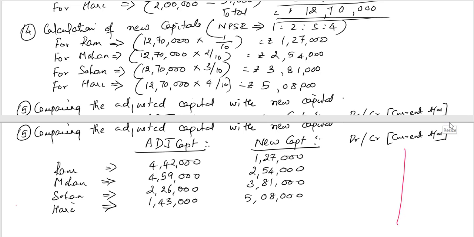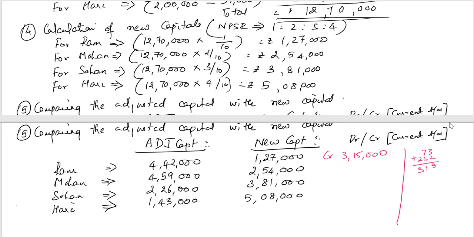As far as Ram is concerned, the adjusted capital is greater than the new capital. So we need to credit his current account with the difference. 3,15,000 is the difference.